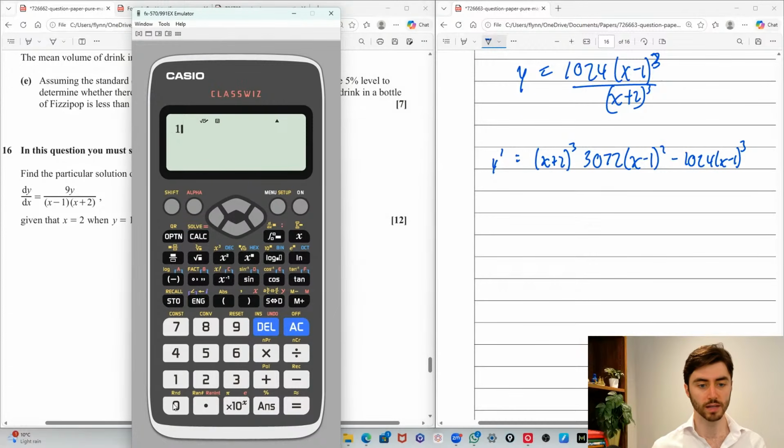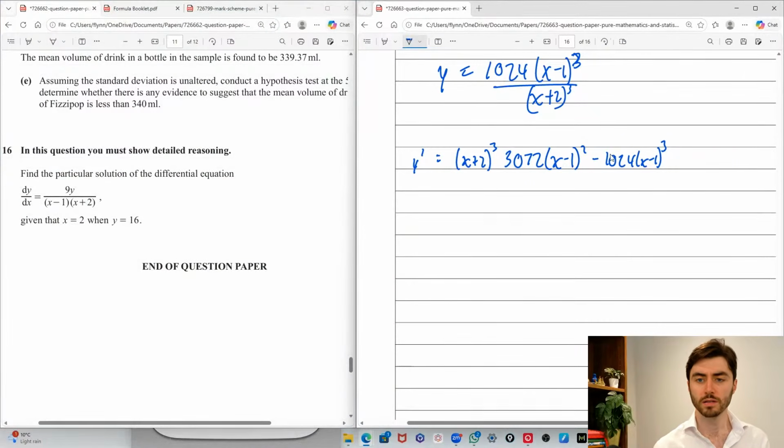Let me just confirm that 1024 times 3, yes, it's 3072, minus top d bottom, all over bottom squared.